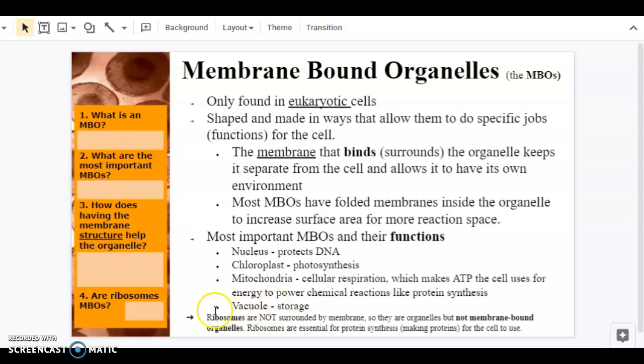All cells also have ribosomes, but they're not MBOs because they're not surrounded by membranes. They're essential, super important, because they put proteins together, but they're not included in this group of membrane-bound organelles. An MBO is a membrane-bound organelle.